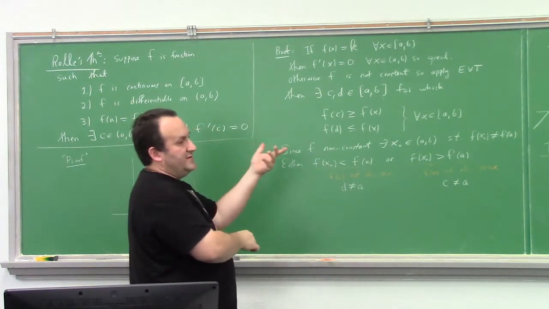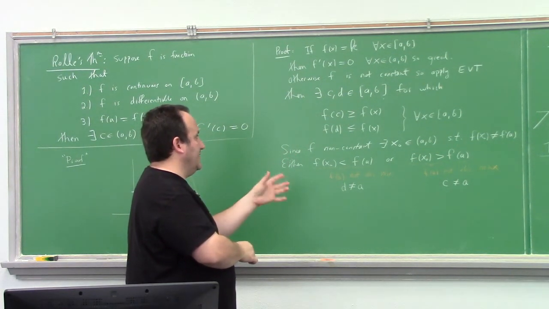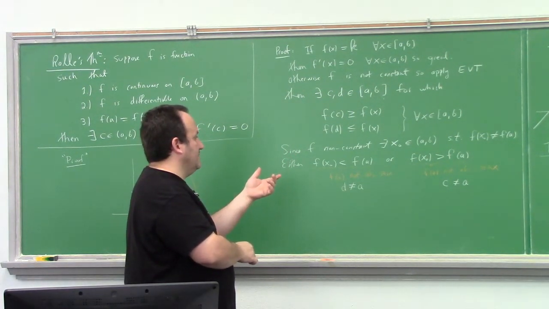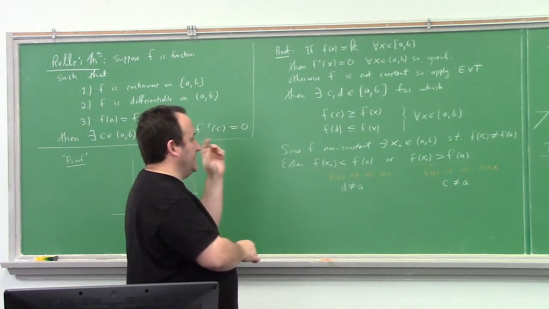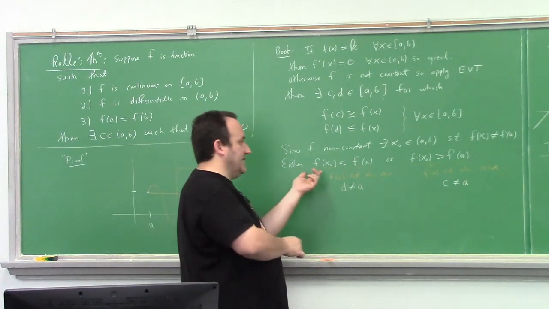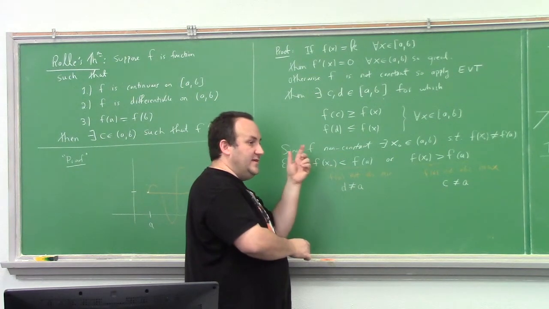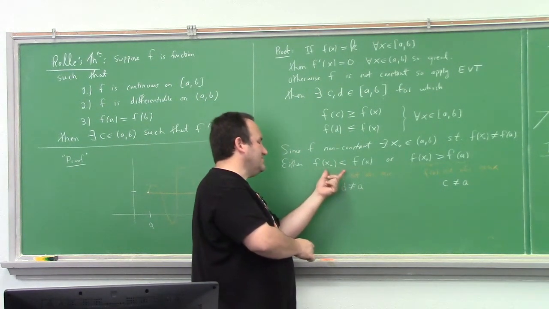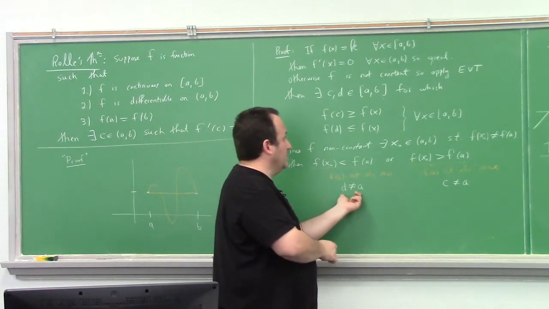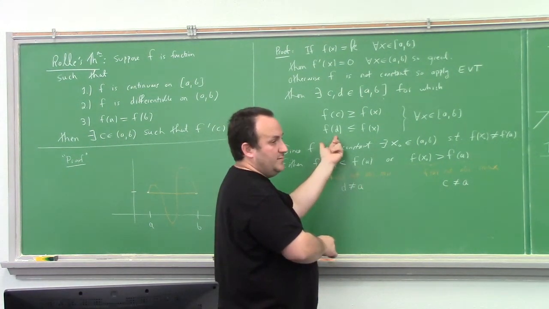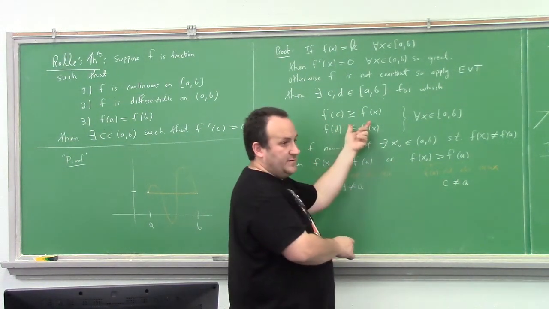They have to be in the closed interval A to B. And what we're arguing right now is that since it's non-constant, there has to be at least this point x naught, which is not equal to f of A, right? And that means either D is not equal to A, D being the absolute minimum, or C is not equal to A, being the absolute maximum, right?